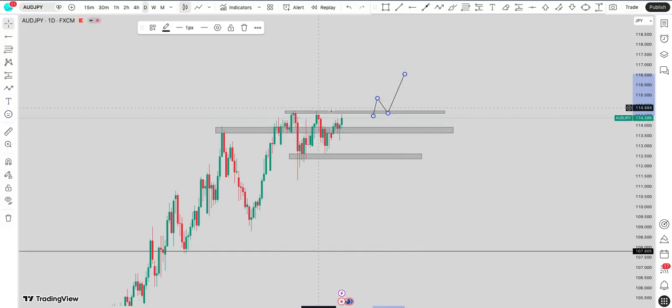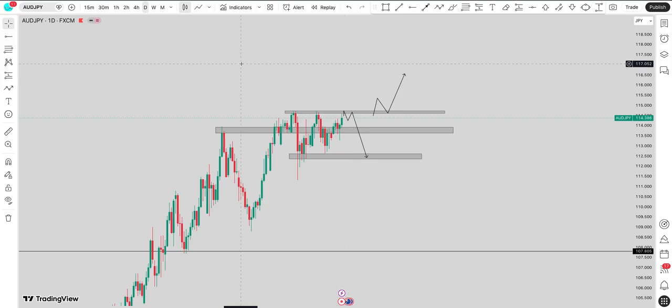However, if I do not get that, because of this little range inside of this major high and low, I want to see the market tap into this high. If we fail to break and close above this level with the daily candle, then I will look out for a shift of market structure to take this sell back into this level.